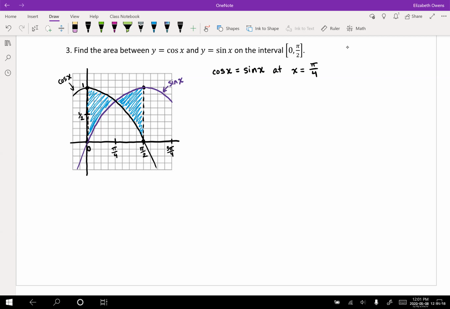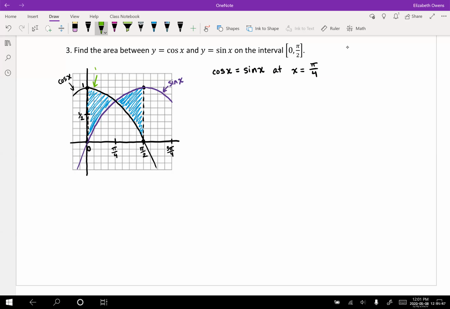Okay, now you might notice something a little bit interesting here. When we're determining our top and bottom functions, it actually switches halfway through. When we're starting out from 0 to pi over 4, the cosine function in black here is on top.